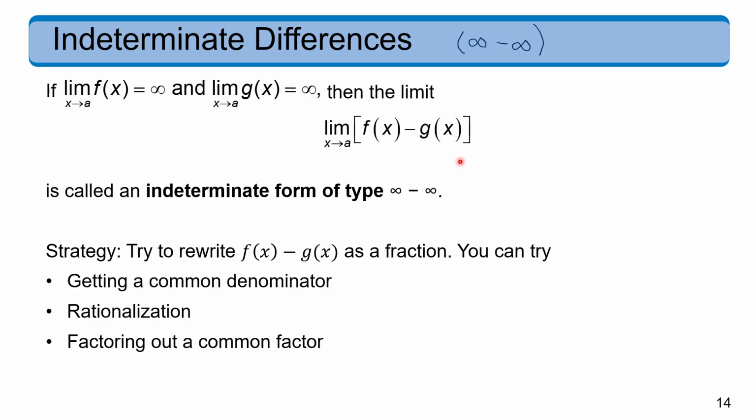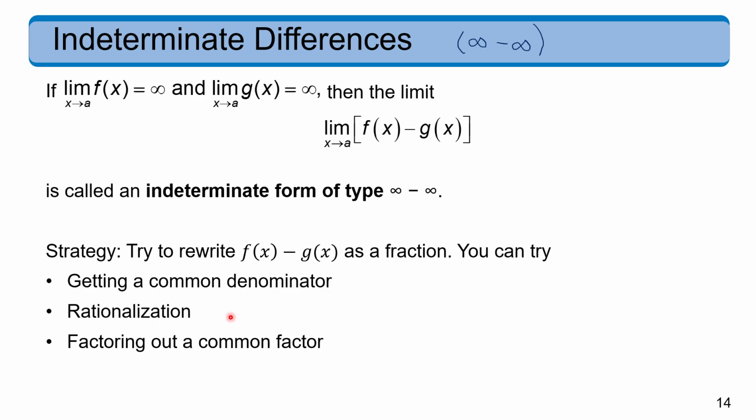So the strategy for dealing with these is to try to rewrite f minus g as a fraction. And how you're going to do that depends on what it looks like. There are three common strategies you can take to do this. One is to try to get a common denominator. If one or both of these is already in the form of a fraction, you could do that and combine them into one fraction.